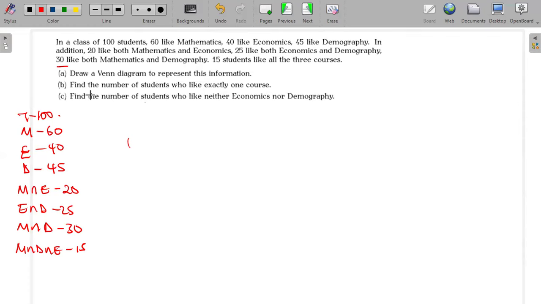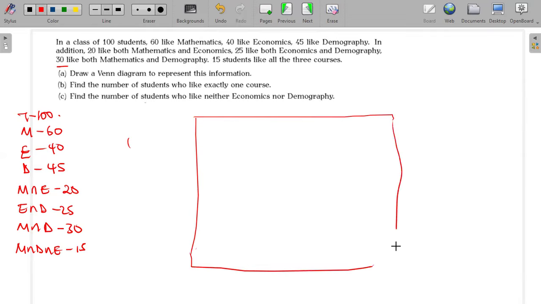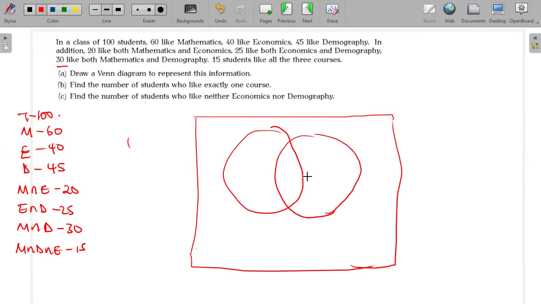The first one says draw a Venn diagram to represent the information which we have just learned how to do. So we can easily draw like that. You draw your three sets there, have set one like that, and then you have another one, and then you have the last set there.